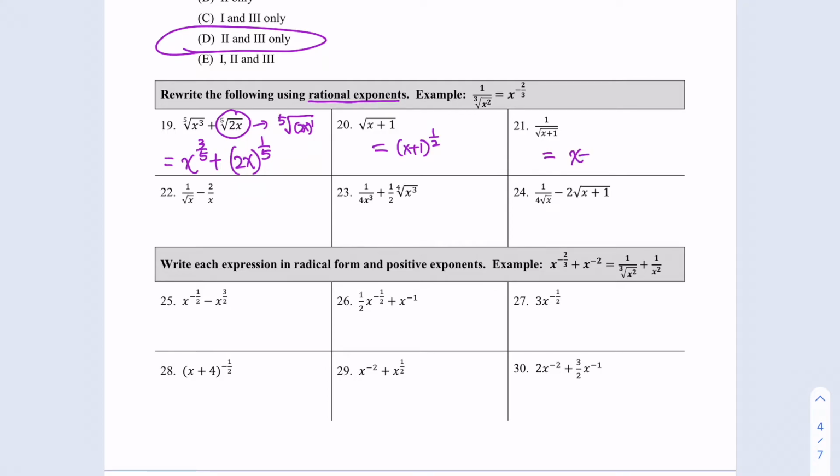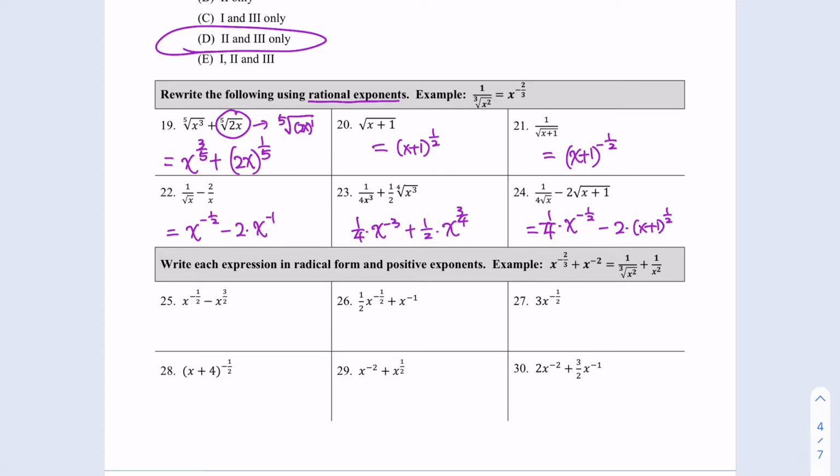This one gives us negative power, negative 1/2, minus 2 times x to the negative 1. This one, 1/4 times x to the negative 3 plus 1/2 times x to the 3/4. Then 1/4 times x to the negative 1/2 minus 2 times x plus 1 to the 1/2.